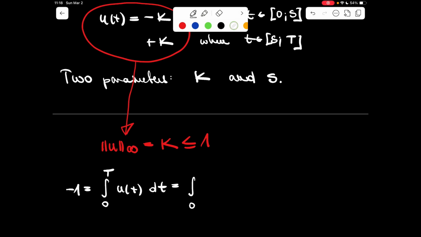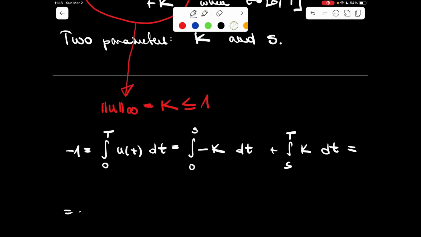Between 0 and s, this is minus k, and between s and capital T, the end of the mission, this is k. And if we calculate this integral, we will receive that k is equal to 1 over 2s minus t.